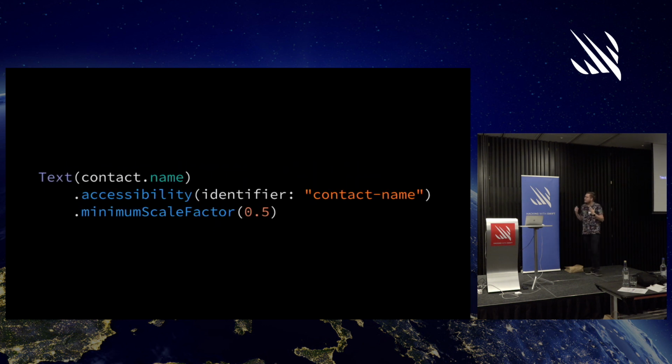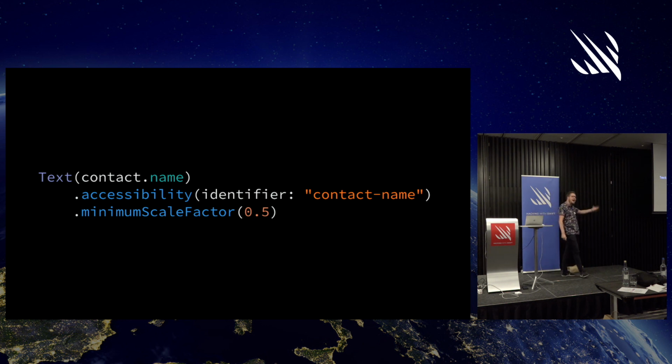Here we have something that is a little bit more simple. We have a Text. We are creating a Text using one of our contact's names. And then we're just changing the accessibility identifier of that Text to, for example, be able to UI test this. And then we're also changing the minimum scale factor of this label so that the system will be able to shrink it down to 0.5.